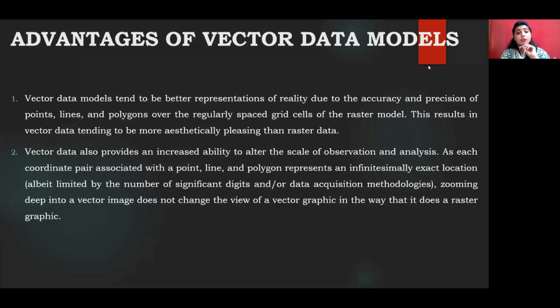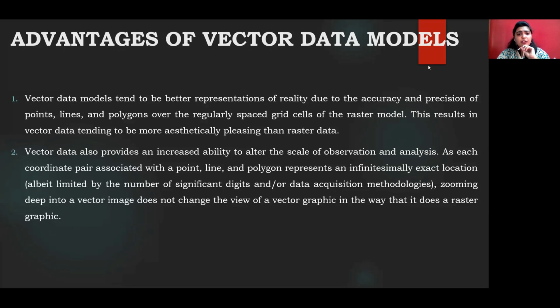Vector data also provides an increased ability to alter the scale of observation and analysis. As each coordinate pair is associated with a point or a line or a polygon, it represents infinitely exact locations.